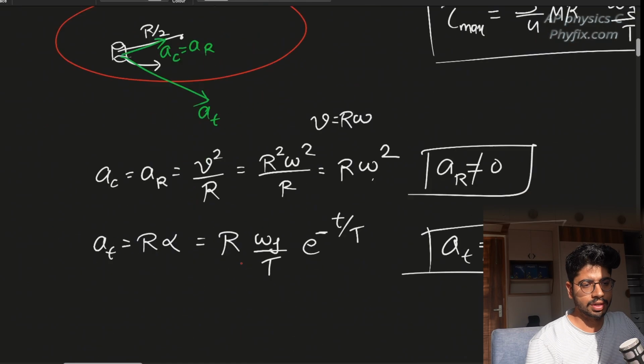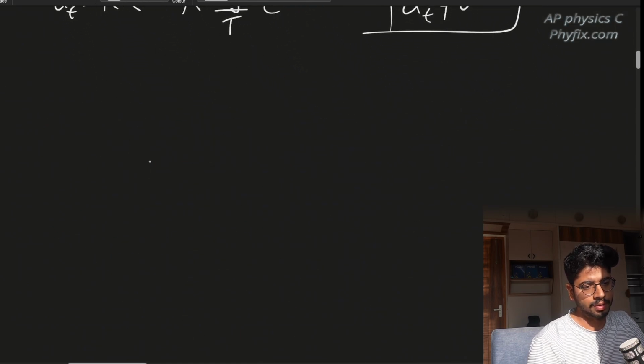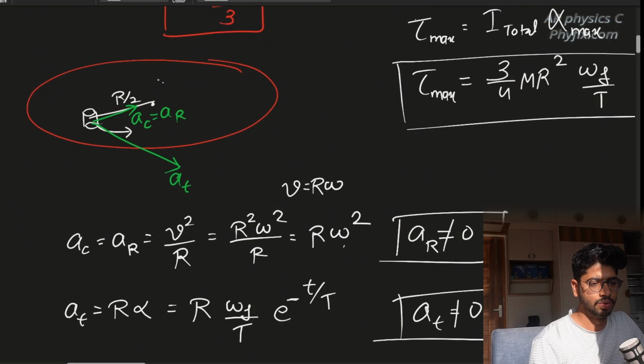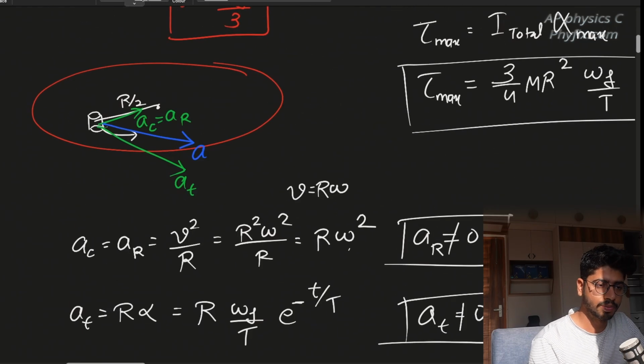To find that linear acceleration, what I have to do is, because right now we discussed the two components and both are non-zero. If both are non-zero, the resultant of both these vectors comes out like this. This is the linear acceleration that I'm going to write as A, because both these components, centripetal and tangential, are always perpendicular, 90 degrees to each other.